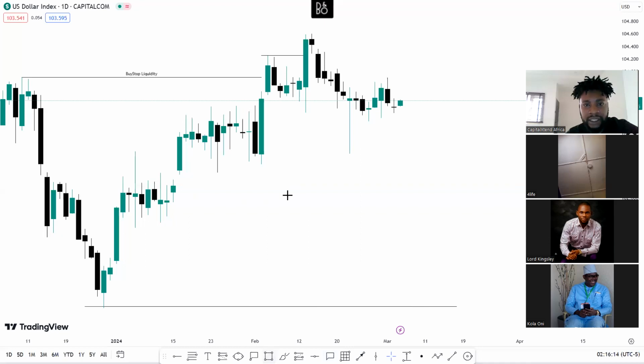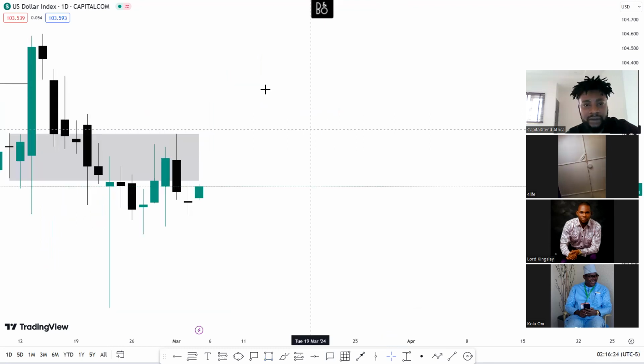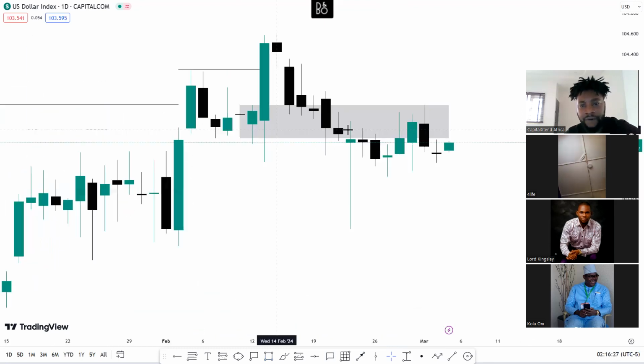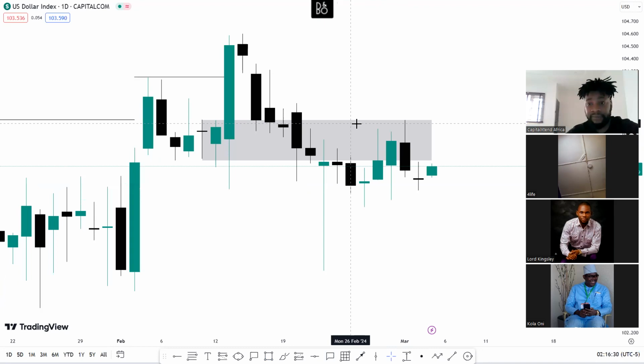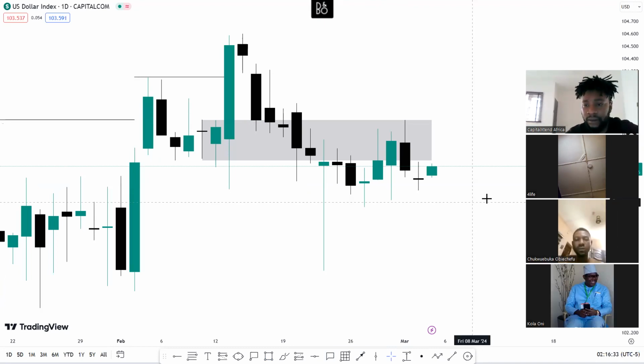And from the daily, I've got a breaker. Now pay attention to this, please. From this breaker here, price broke out from this place and retested this breaker.